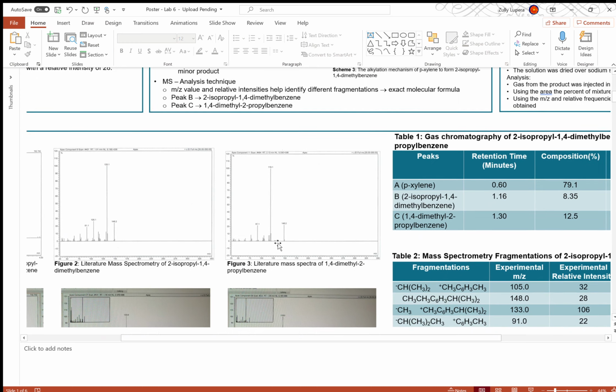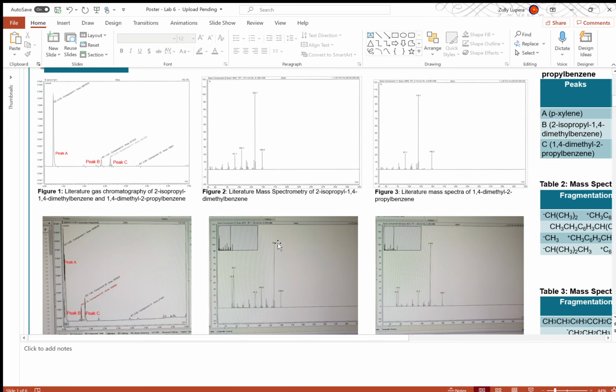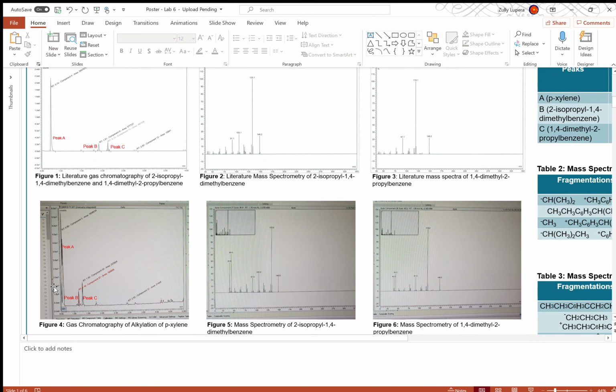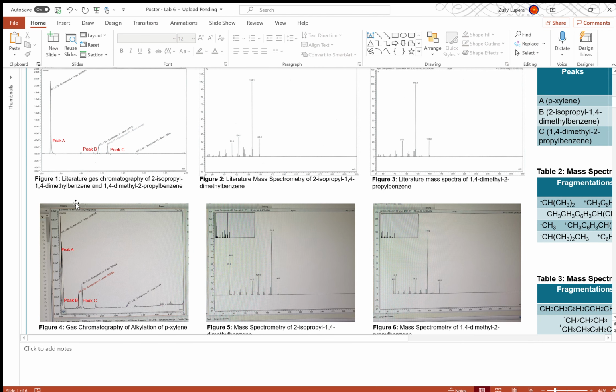In our results section right here, we have figures 1 and 4. We have the literature versus the experimental values. Figure 1 and figure 4 are the literature comparison and the experimental comparison of the gas chromatography of the alkylation of p-xylene.